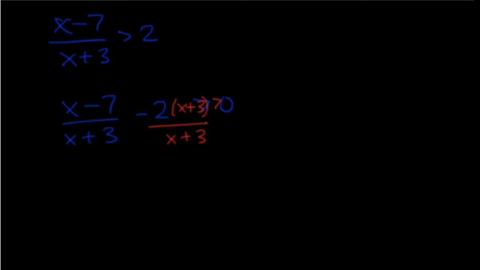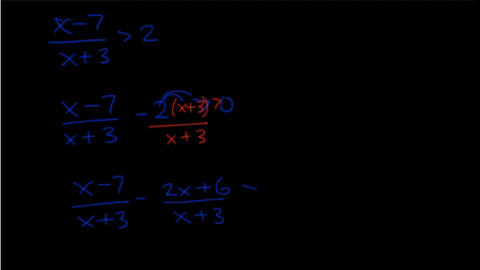So x minus 7 over x plus 3, and then this minus sign, I'm just going to keep it out here. I'm going to ignore it for now. I'm going to do 2 times x, that's 2x, and then 2 times 3 is 6. So that's positive 6 over x plus 3 greater than 0.